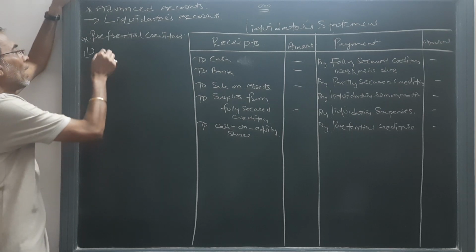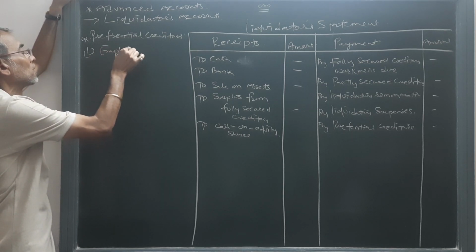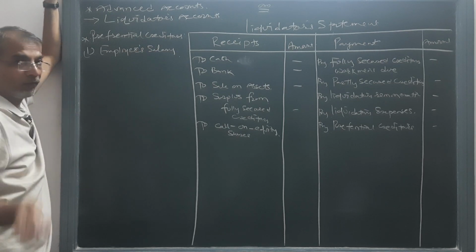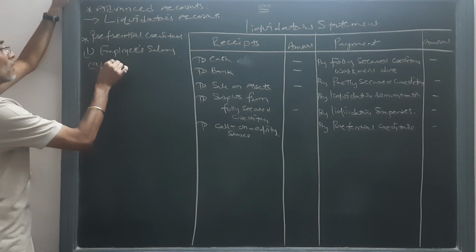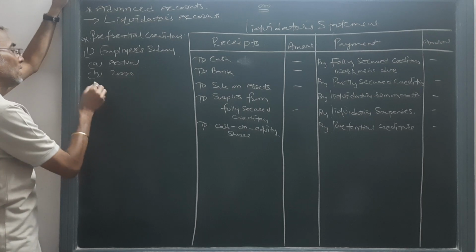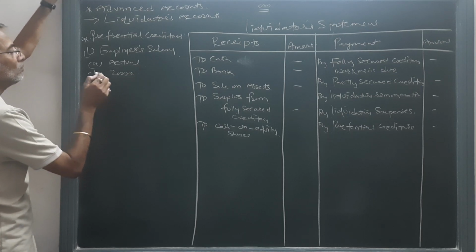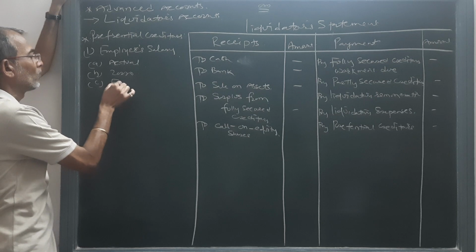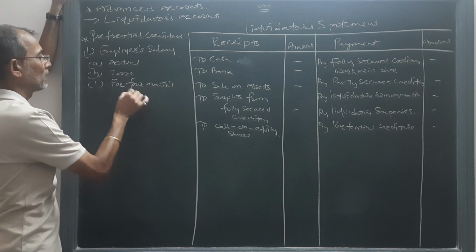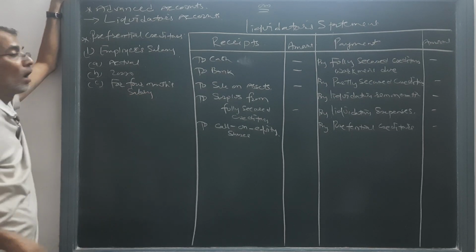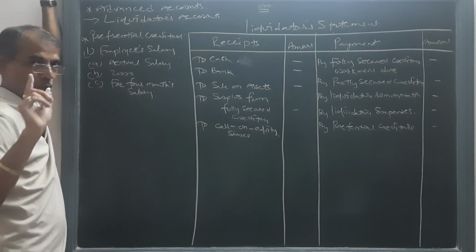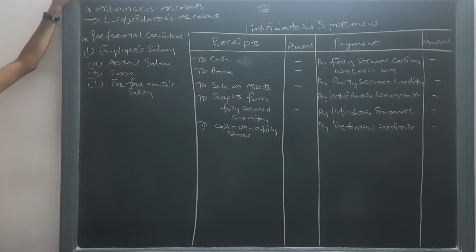First, employee salary, whichever is least: the actual salary, 20,000, or 4 months' salary.